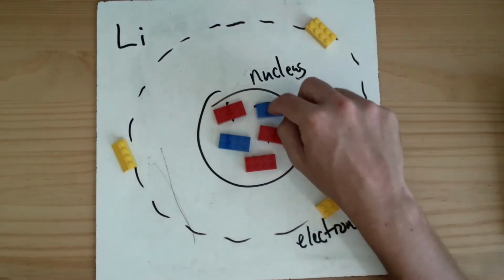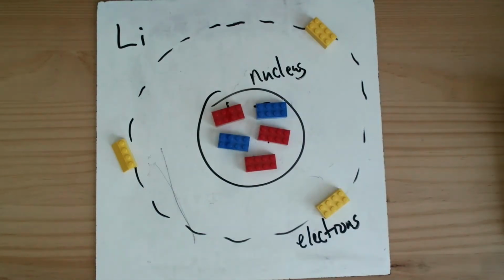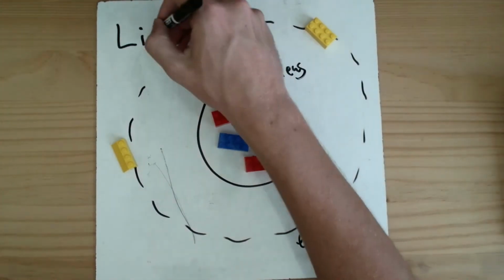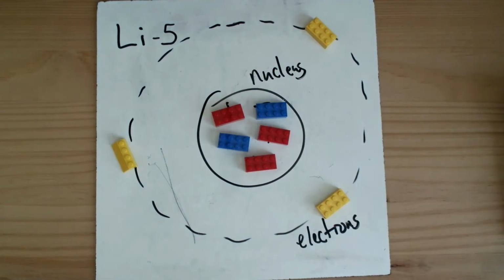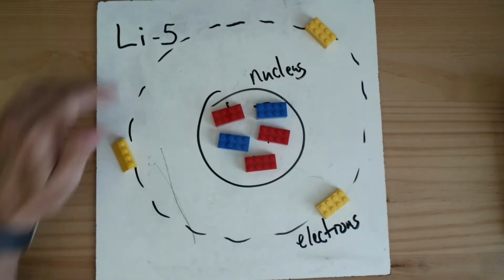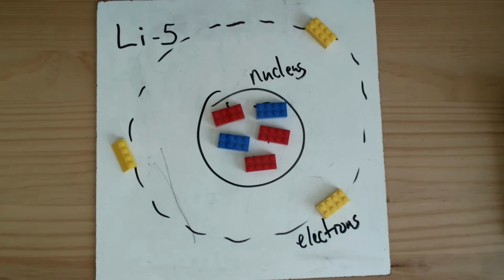So I know that I've got 1, 2, 3, 4, I've got 5 particles in my nucleus of lithium, so that I know that this thing has a mass of 5. This is an atom of lithium 5. And there's atoms of lithium 4, there might be an atom of lithium 6, but this one specifically is lithium 5. So we're going to go ahead and take this and we're going to recreate this in what's called nuclide notation.